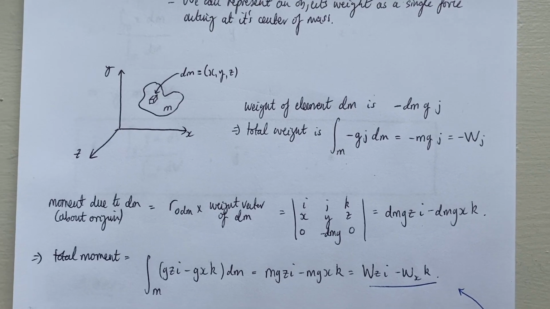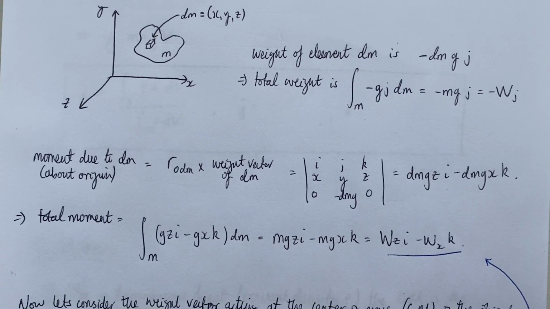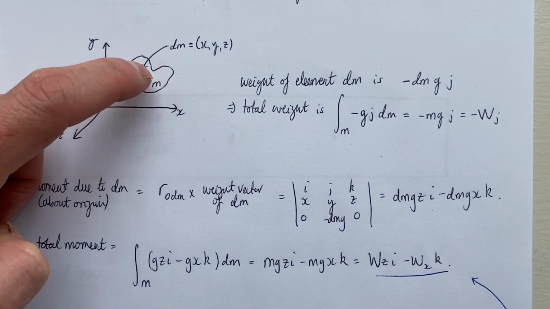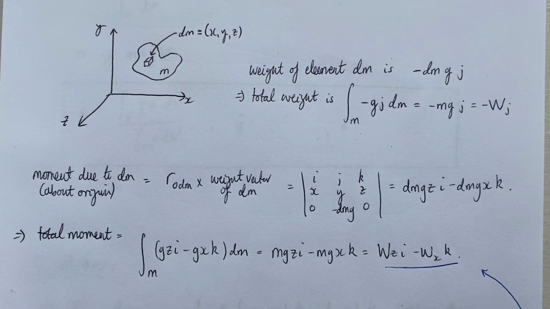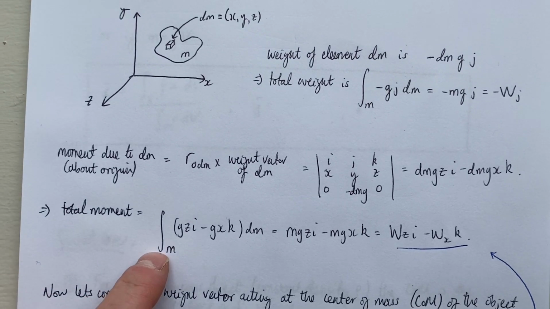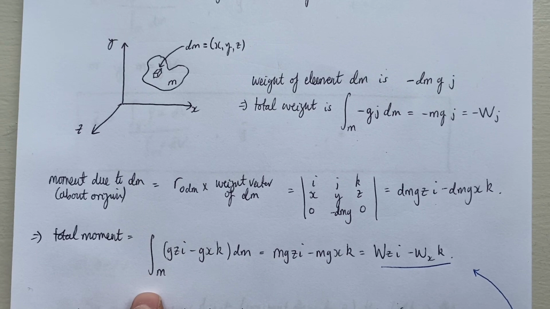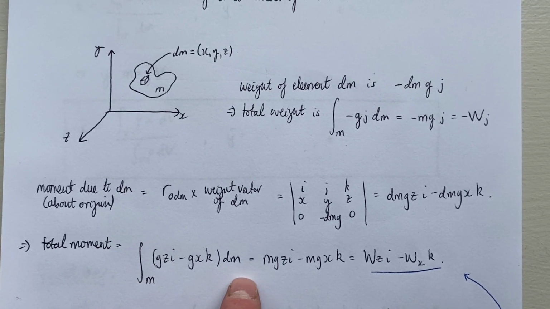To find the total moment then, remember this here was the moment due to each of these individual dm pieces. To get the total moment, we just integrate this over the whole mass, which is what I've done here.